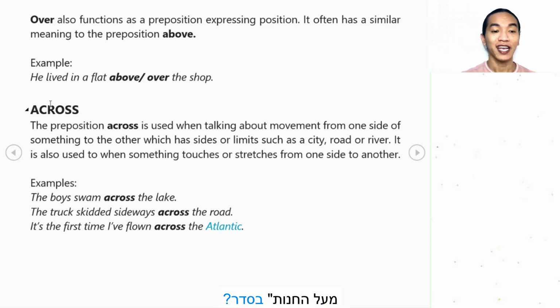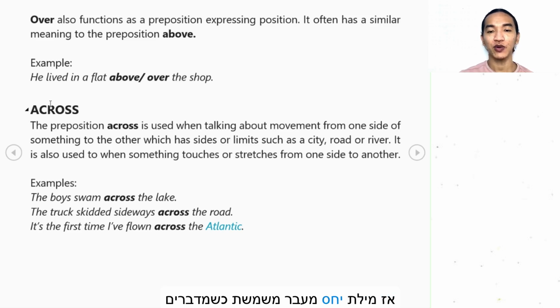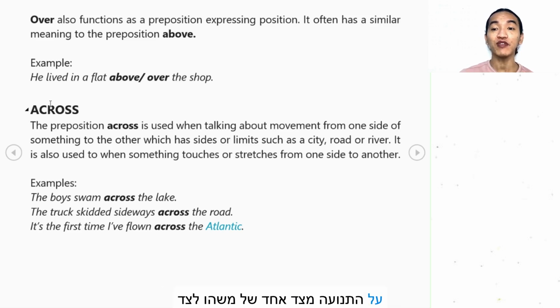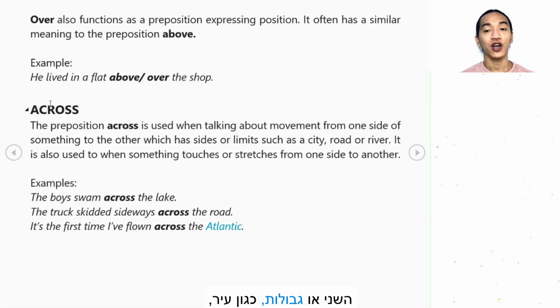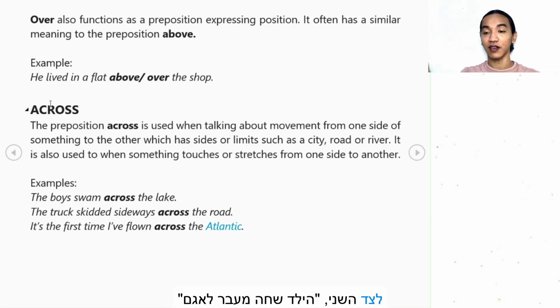Now, we also have the preposition "across". The preposition "across" is used when talking about movement from one side of something to the other side, or limits such as a city, road, or river. It is also used when something touches or stretches from one side to the other side.